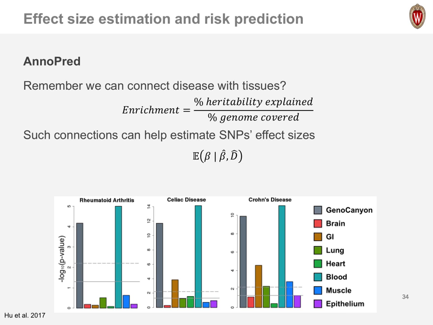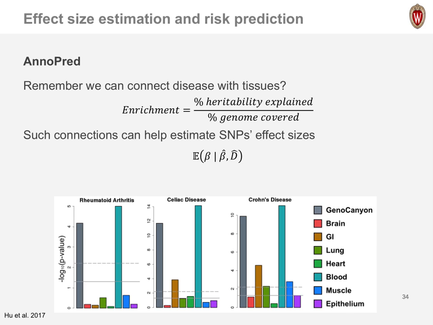All three diseases, first of all, are significantly enriched in general functional regions. They are significantly enriched in blood functional regions, but only celiac and Crohn's disease are enriched in GI functional regions, but RA was not. Okay? But what does this tell you? Now you have a SNP that's in a blood-specific functional region.